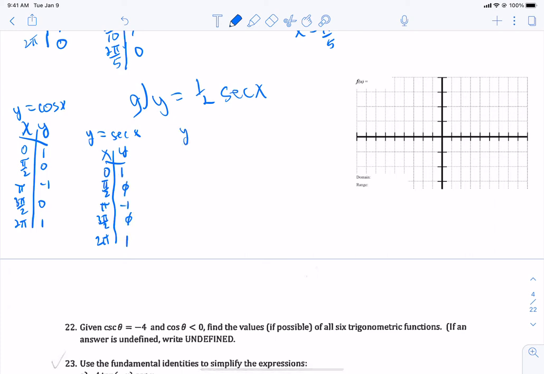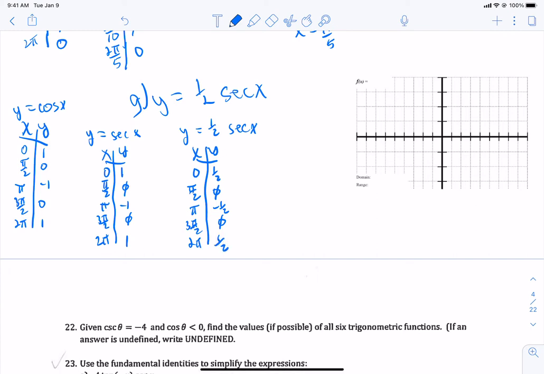So what does the 1/2 do? Well, it just takes those heights of 1 and negative 1 and multiplies them by a half. So now we know that each of those 1s and negative 1s become 1/2 or negative 1/2. But the asymptotes are still there in the same exact spot.